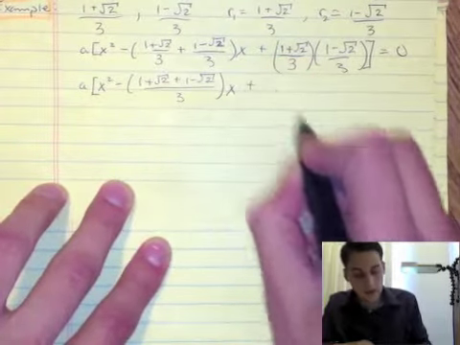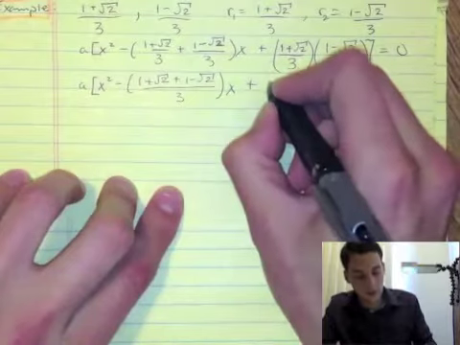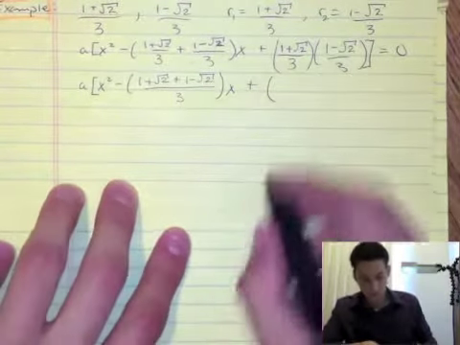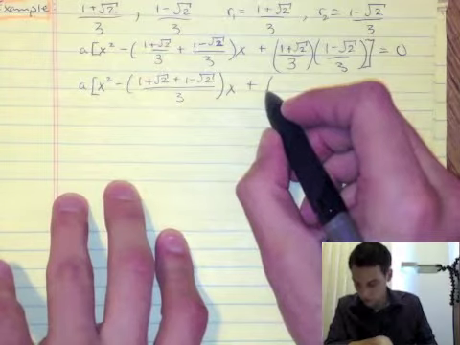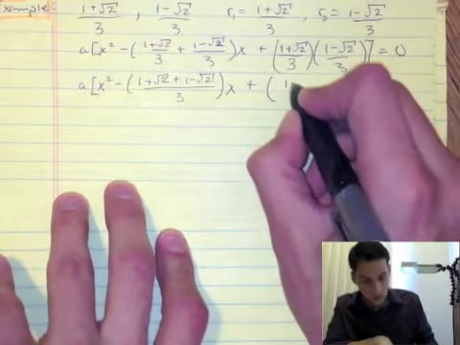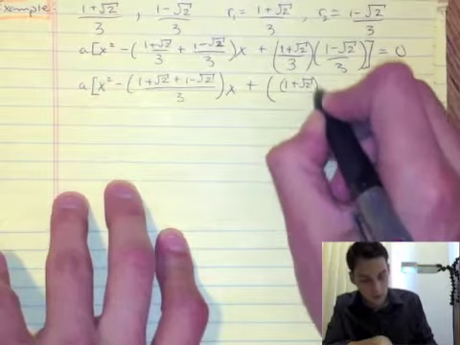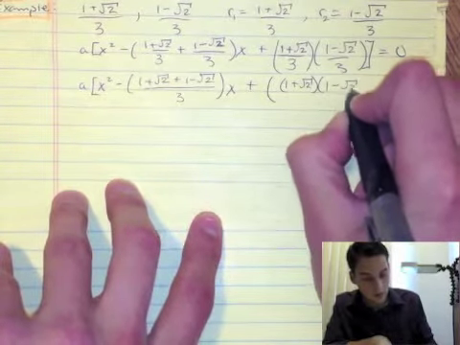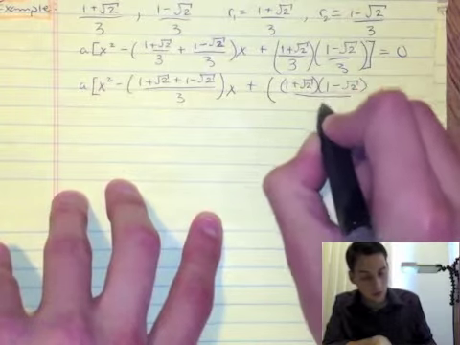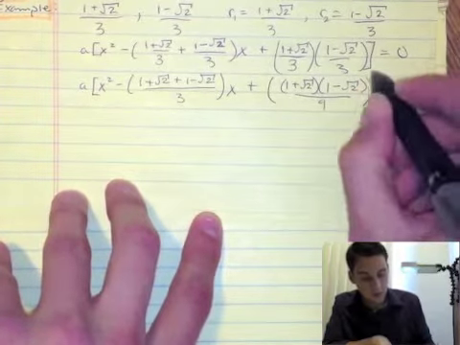That's times x. And then plus, just multiplying these together, 1 plus root 2 times 1 minus root 2 all over 9 in this case, since we're multiplying.